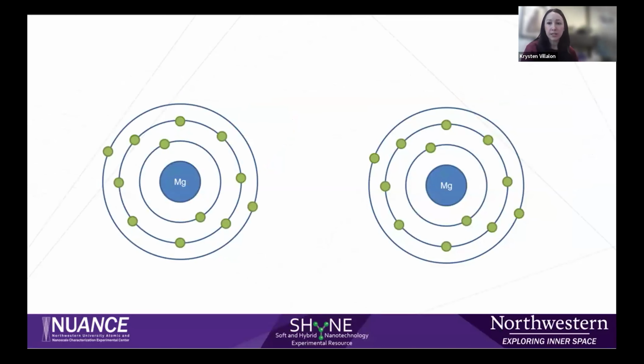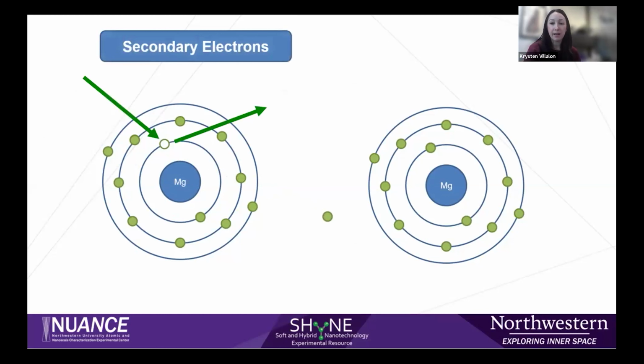And so to look a little more in detail about how exactly those signals are released, the X-rays coming out of your sample go hand in hand with the processes that release the secondary electrons and the backscattered electrons. So on the left here, we can look at a little animation of what's happening to generate secondary electrons. When we have our primary beam hitting our sample, we can knock out an inner shell electron from an atom in our sample.